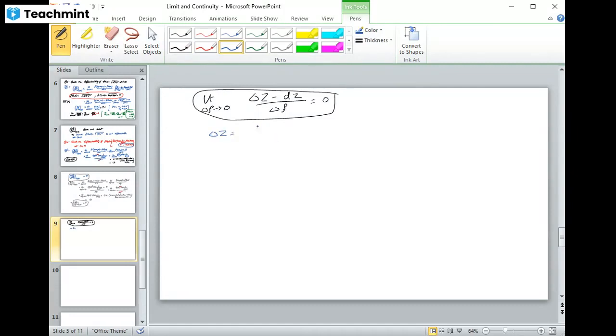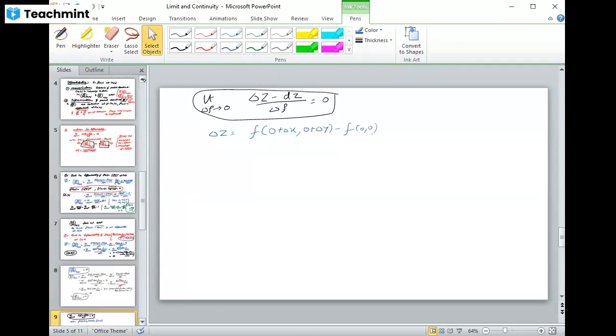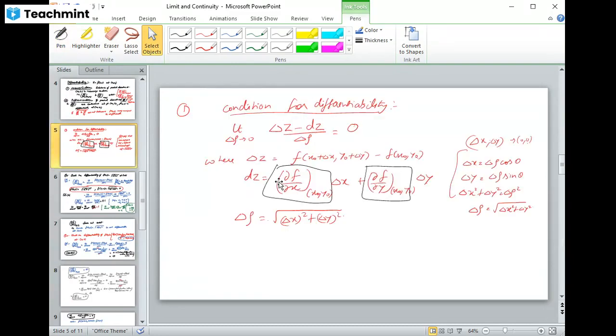What is delta z? This is f of 0 plus delta x, 0 plus delta y minus f of 0, 0. Here we have already defined what delta z is: the incremental value in x and y coordinates at the point x naught, y naught.